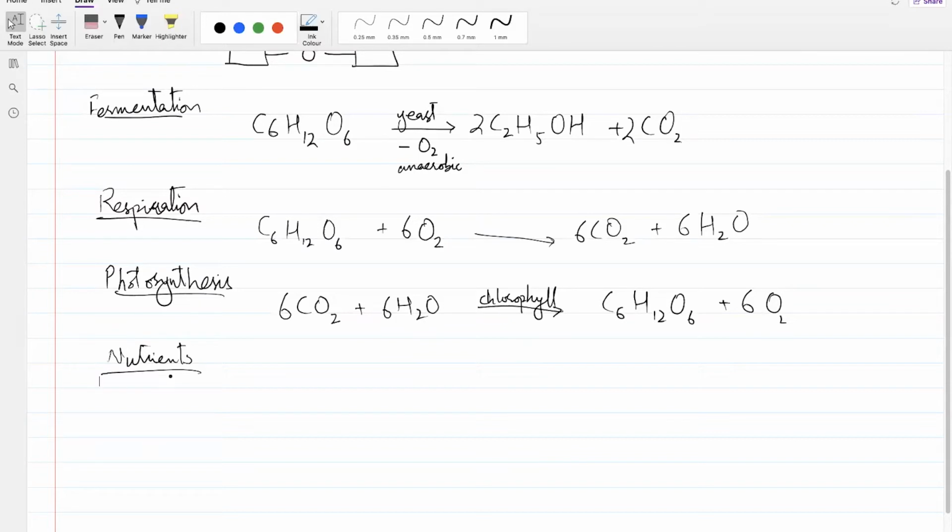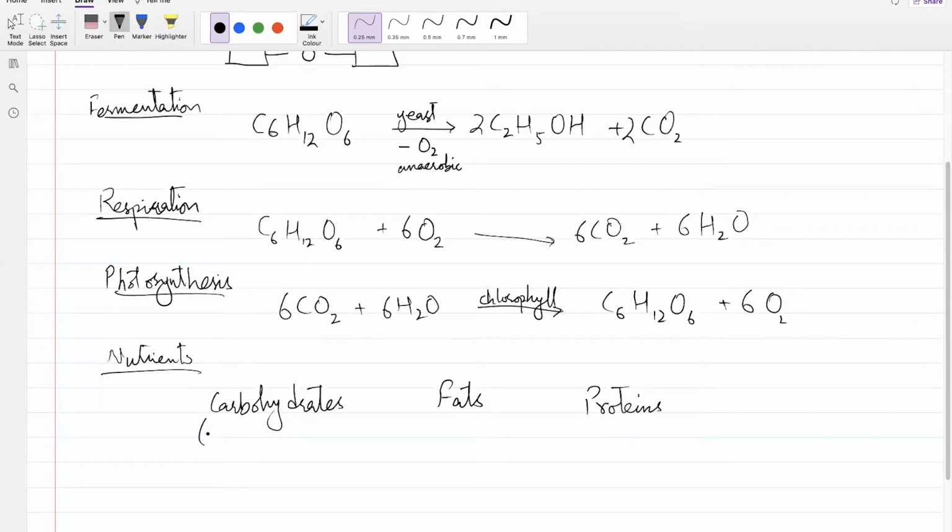These are the micronutrients. We need them in small quantities. But there are some that we need in large quantities, like carbohydrates, fats and proteins. These three are macronutrients. So carbohydrates, fats, proteins.